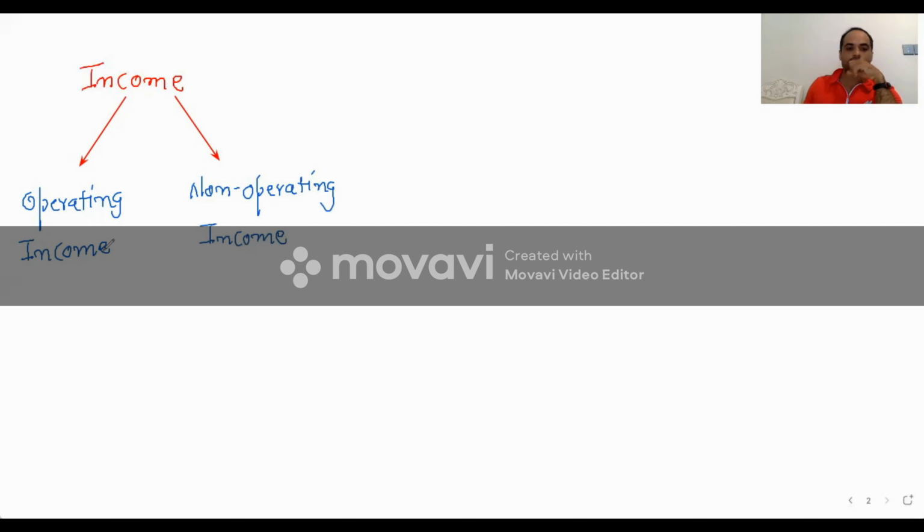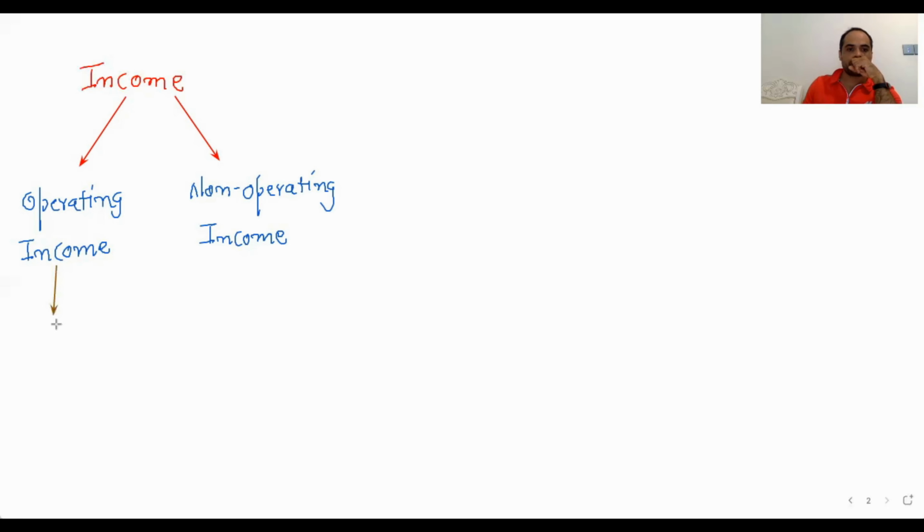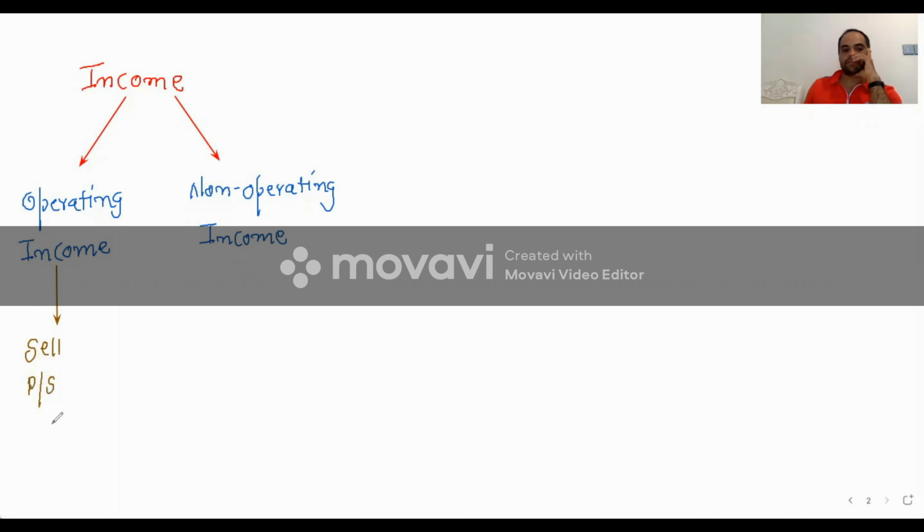Now, what does it mean, operating income? Operating income is the income which comes from selling product and service. When you sell product and service, whatever money you make, whatever money you generate, that's called operating income.